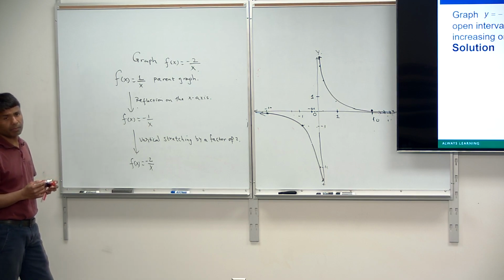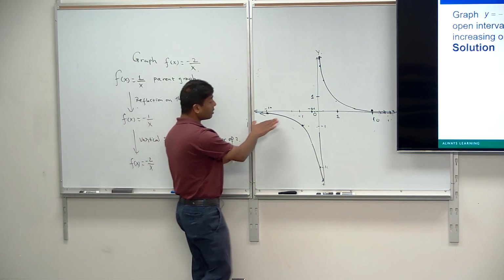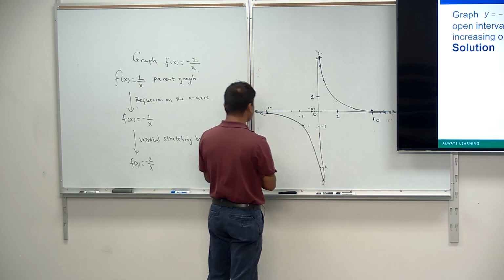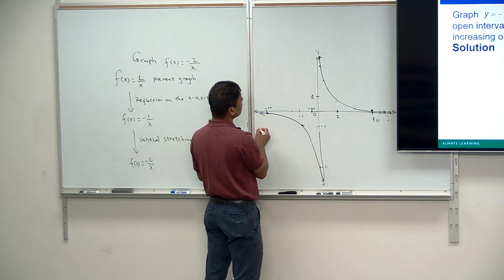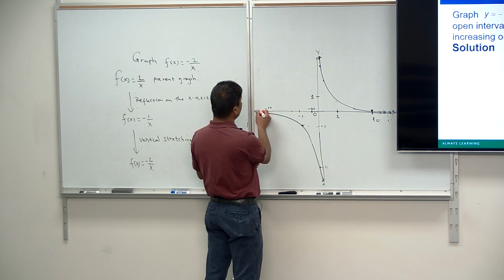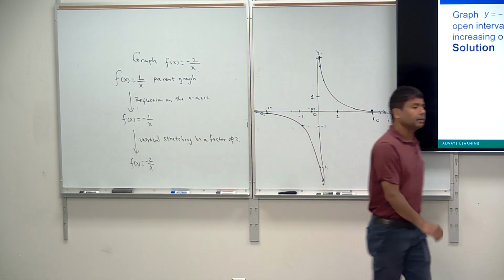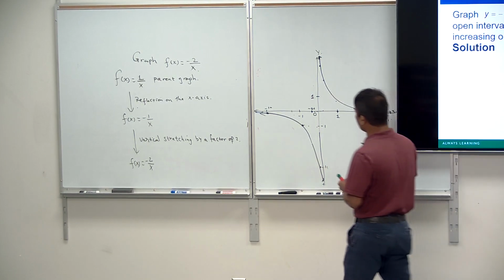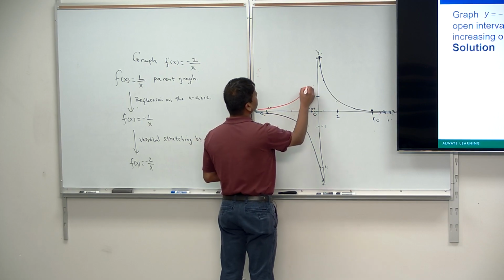Make sense? So now, if you look at the slide, you see this graph, it should be reflected on the x-axis. When you reflect this on the x-axis, what does it look like? Let me use a different marker. Look here. If you reflect this on the x-axis, you might have something like this.